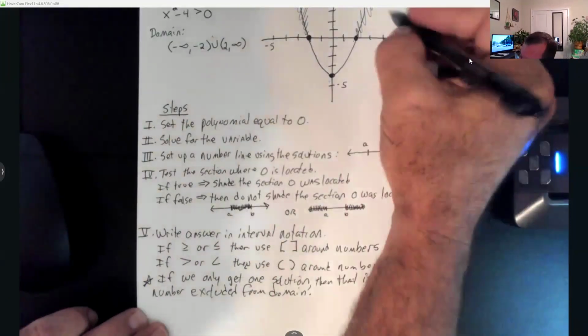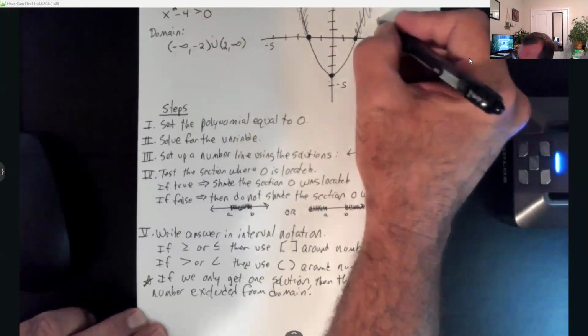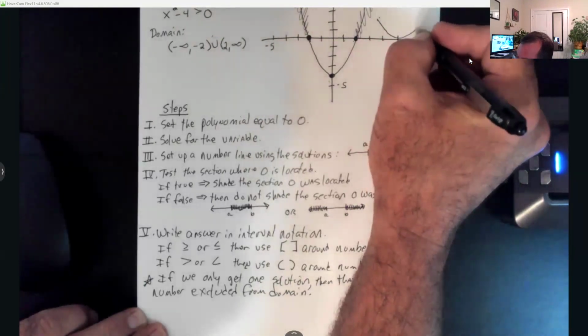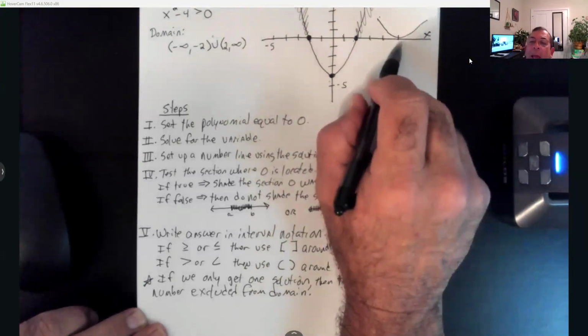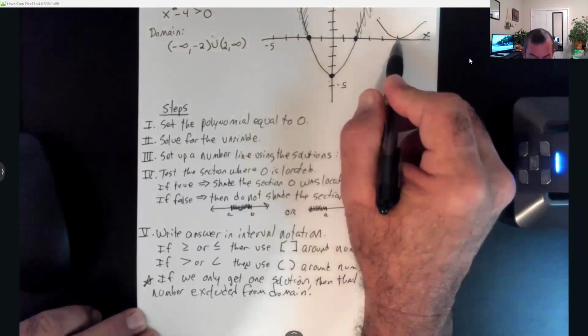Okay, so what that means is if you only got one number, that's when the graph was tangent, remember? So those kind of graphs would come down, touch the x-axis, and go back up. So if you had one of these, then there would only be the one number that would make it true in that case, okay?